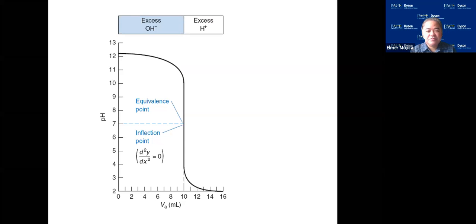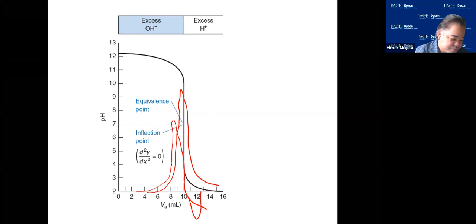If you're going to have the first derivative, I think the way that you do is like this. If it's the second derivative, if I'm not mistaken, it will be like that one, passing through the zero. So that is the easy one.